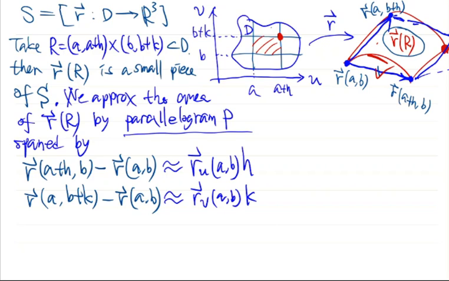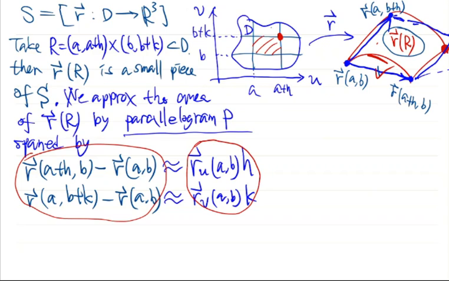So we have approximated the curved object first by a parallelogram bounded by these two vectors. But these two vectors are still too complicated, so we use the differential calculus result to replace them. That is the second step of approximation, replacing them by these simple vectors.